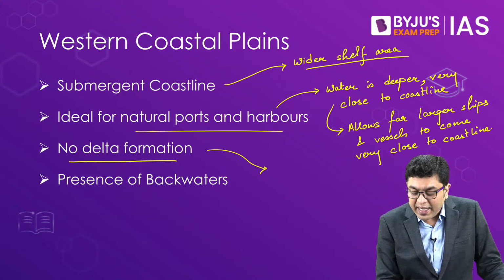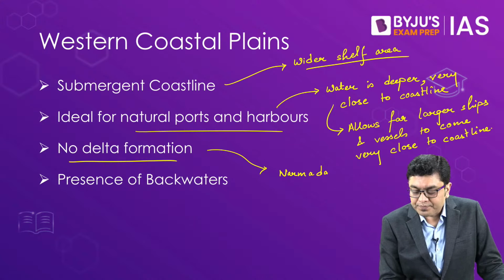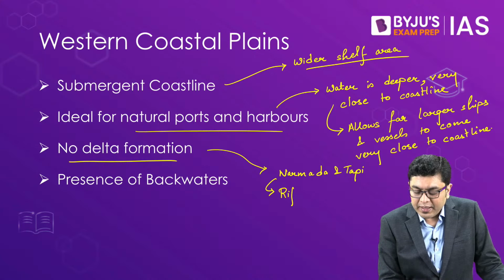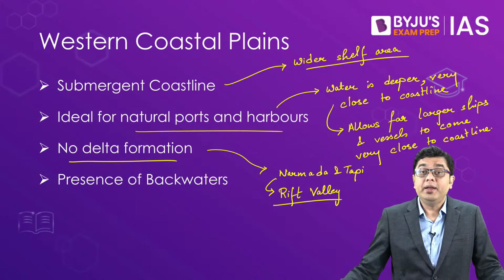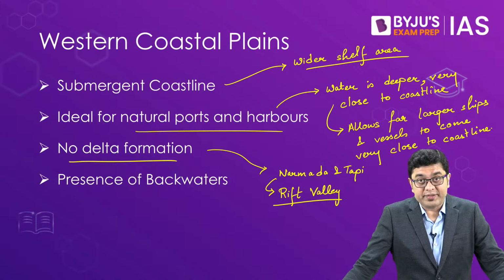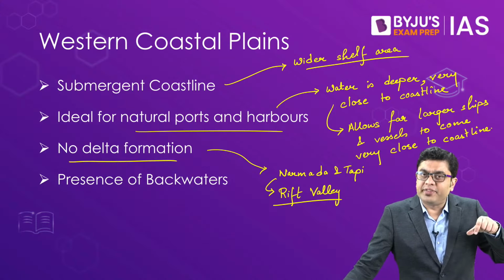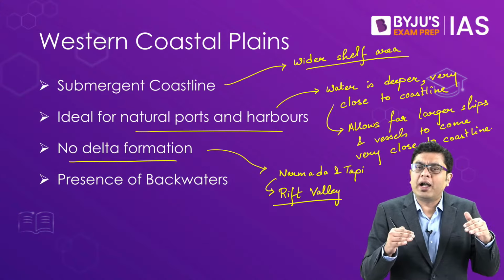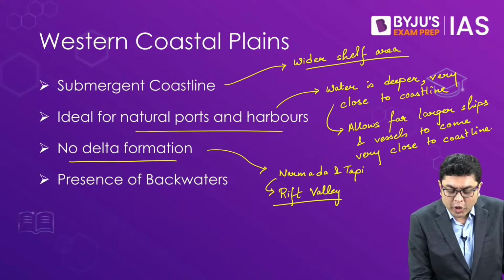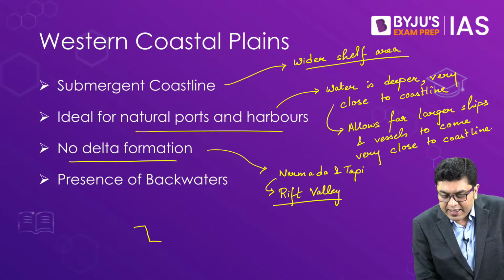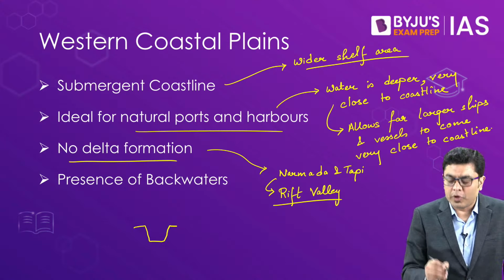Now, Narmada and Tapi, if you observe, both of them end up flowing through the region of a rift valley. The rift valley exists in between the Vindhyas and Satpuras. Because both of these rivers already flow through a depressed area, when we talk about a rift valley, it indicates a topography somewhat like this.